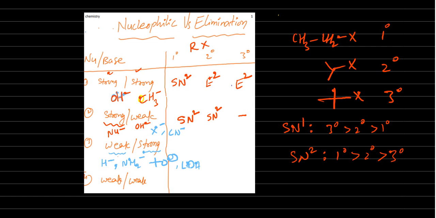These are the weak nucleophiles and strong bases. In this case, the primary alkyl halide undergoes E2 elimination, right? Secondary also undergoes E2 elimination, and tertiary also undergoes E2 elimination.